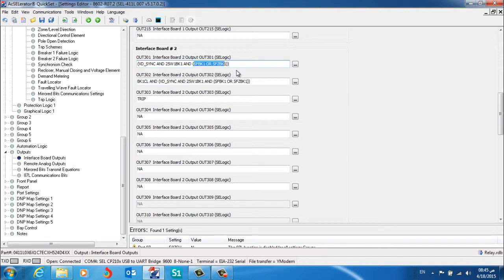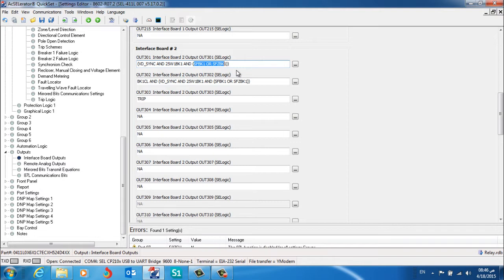Any synchronization depends on three items: frequency, phase sequence, and voltage should be satisfied, or equal, or the difference between the bus voltage and the line voltage in this range. I put our frequency in this setting, and phase sequence in the range also. Okay, so I inject 66 here.